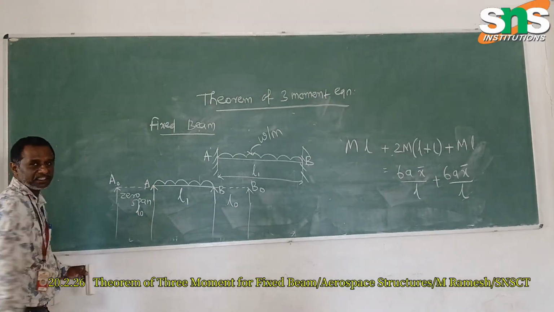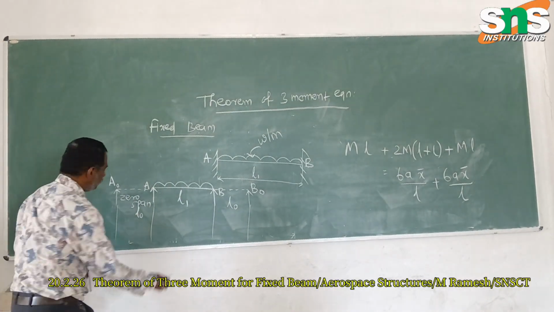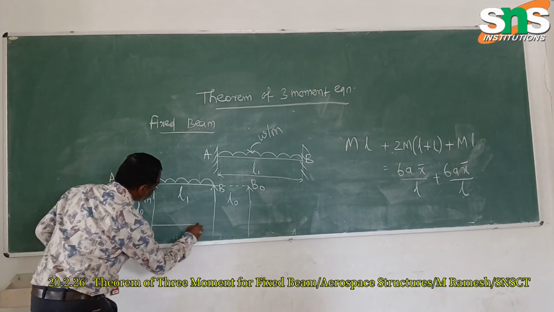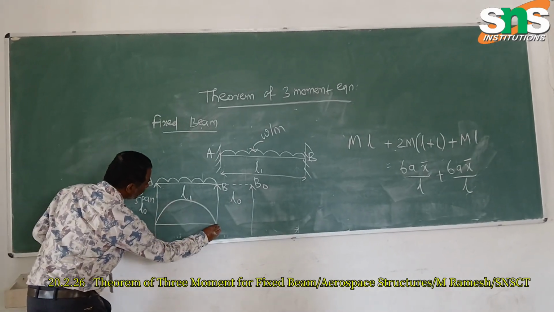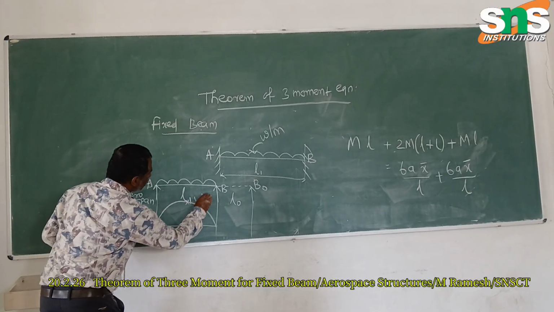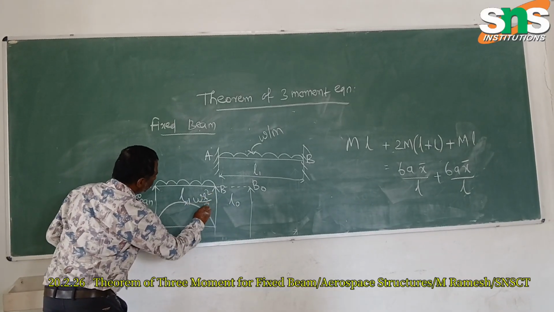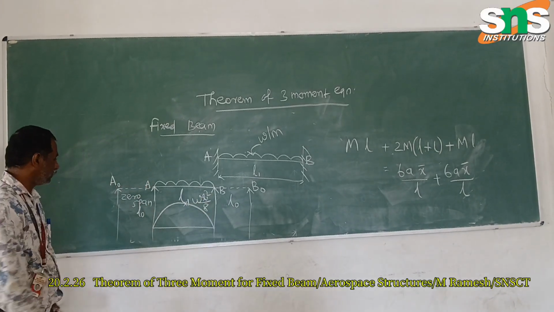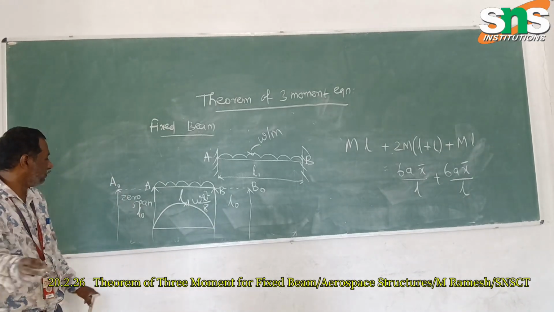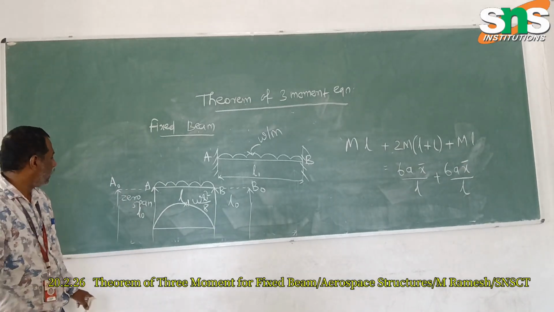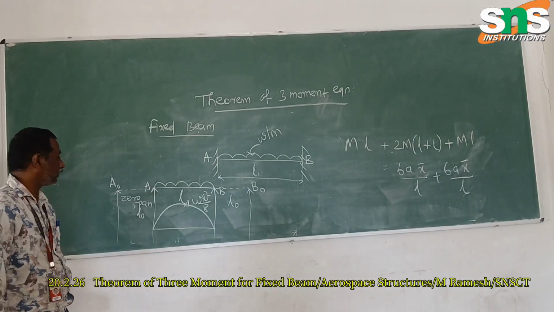The dummy one is the imaginary part. Here we have simply supported with UDL, and as discussed, the maximum moment will be W L squared by 8. Here is the dummy or imaginary part; don't touch it.